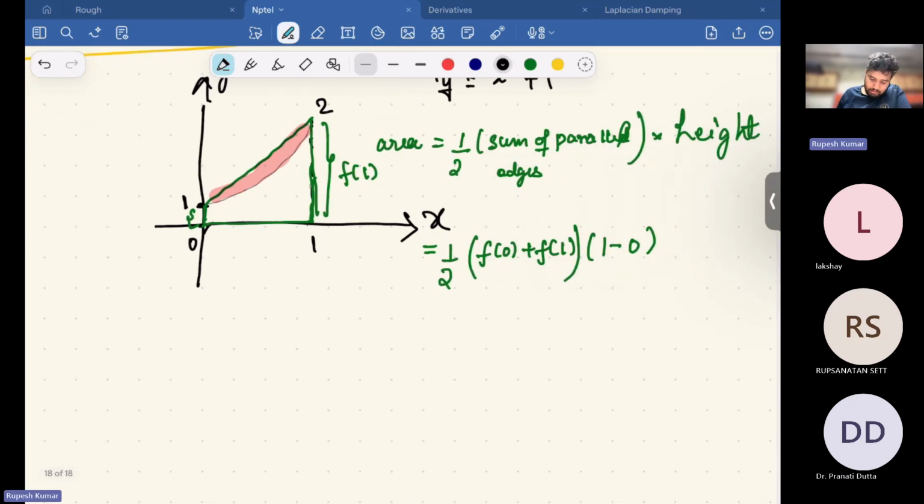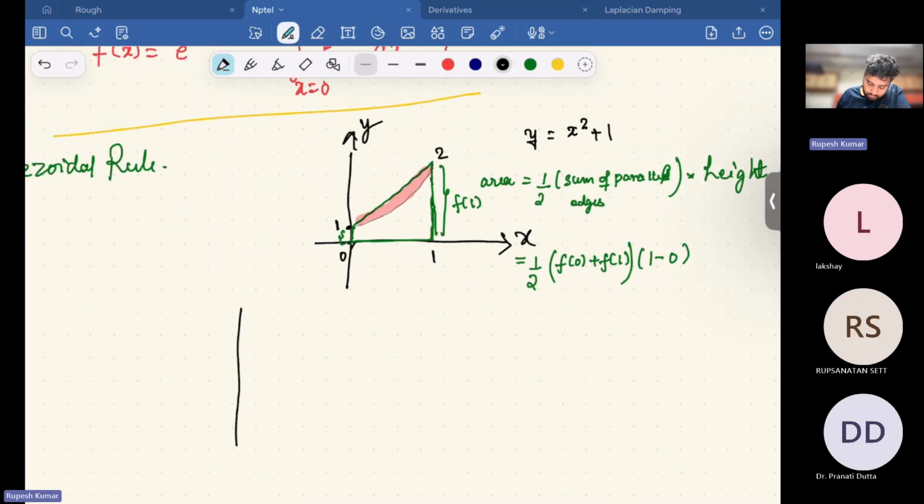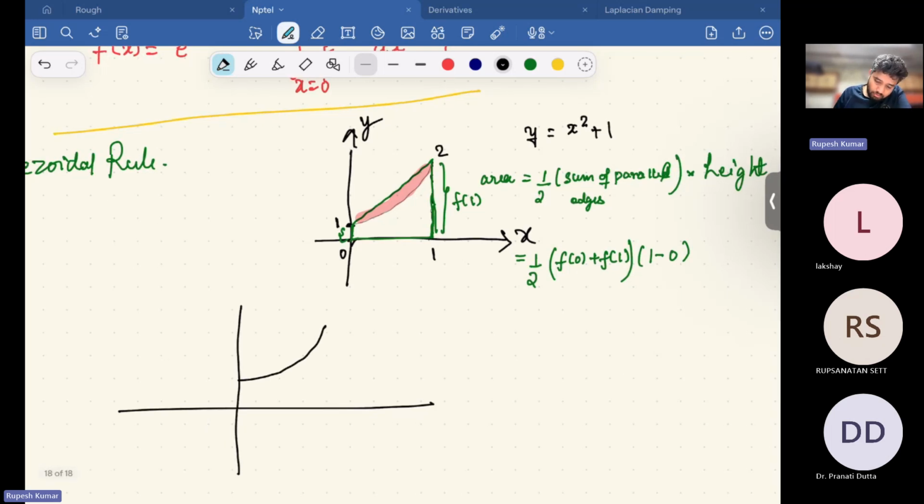you can again divide the function into smaller segments and then use the trapezoidal rule, right? So you don't use the entire big section, you divide it into smaller segments. So let me take a segment like this. So you divided this function into two segments. Now you get two trapeziums here, right? One trapezium here and the second trapezium here.